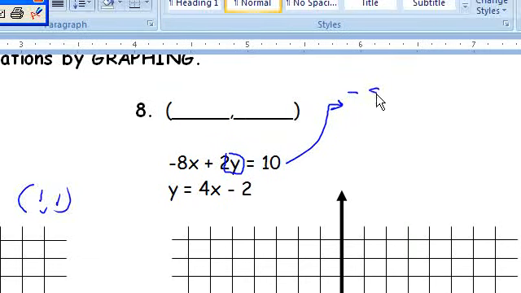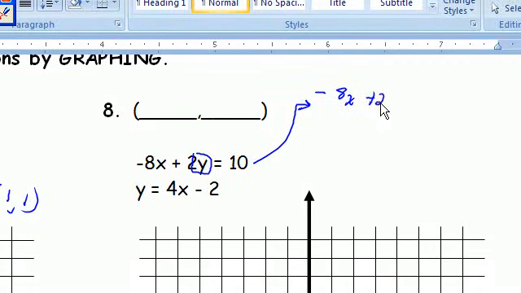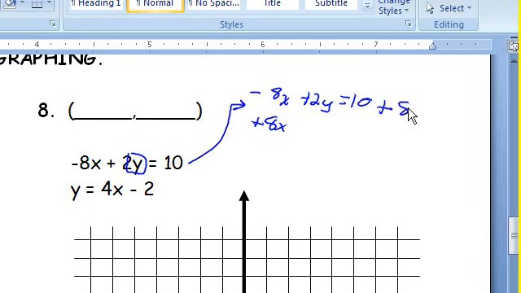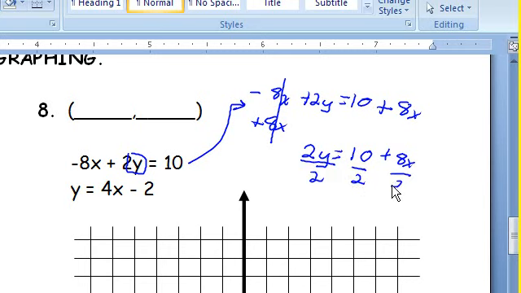So I will rewrite my equation. Okay, I see that this negative 8x is in our way over here, so I will add 8x to that side, so those cancel, leaving us with 2y equals 10 plus 8x. I will divide by 2 now to get rid of that 2.